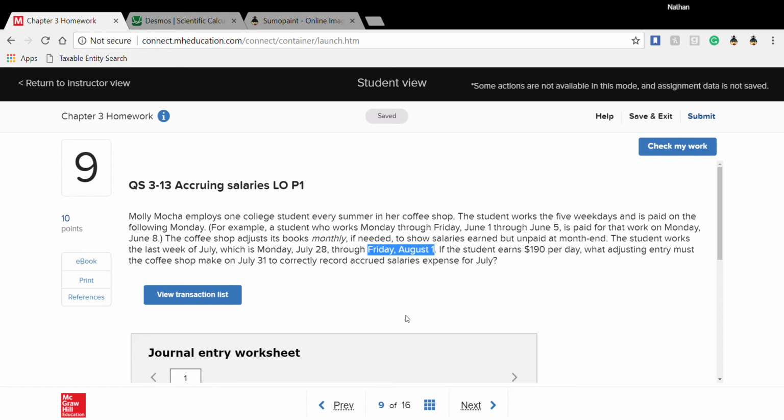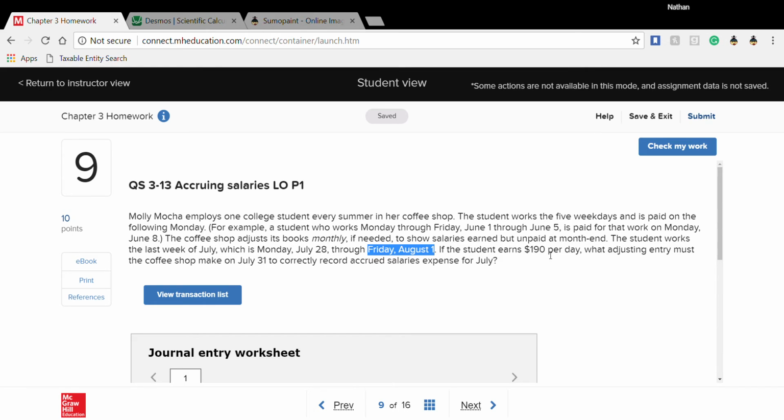Now we can actually see we're progressing through the month. So since they adjust their books monthly, here's our first adjustment. We know that something's going to happen. Friday starts a new month. So now we have Monday, Tuesday, Wednesday, and Thursday. So we have 4 days here to get to Friday.